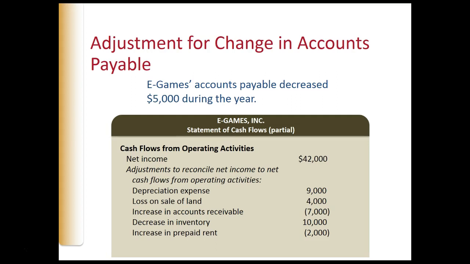In other words, the cash outflow to reduce that accounts payable made cash decrease by $5,000, but net income remained unaffected. So to adjust for cash being lower by $5,000, we need to subtract the decrease in accounts payable from net income, as shown here.